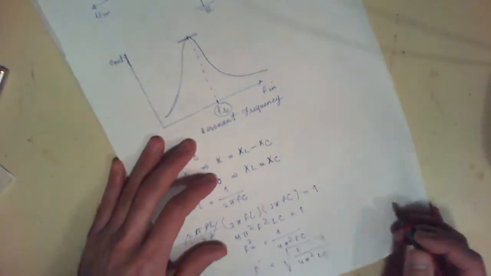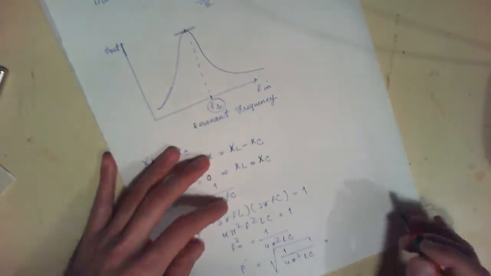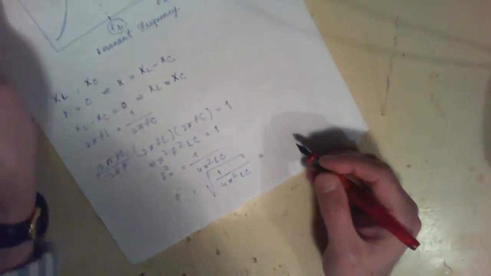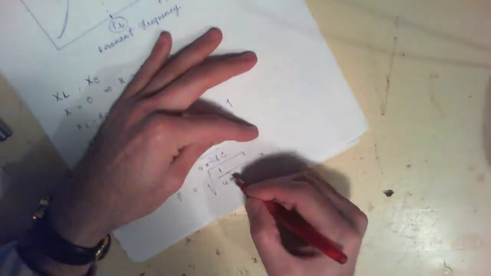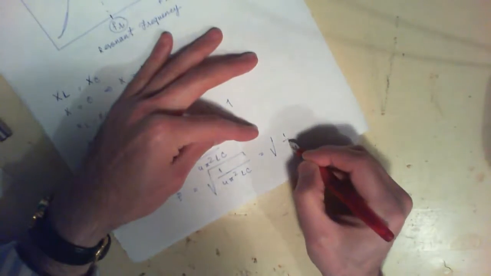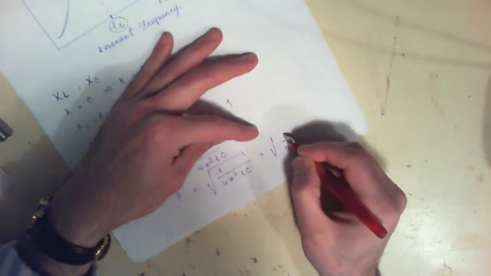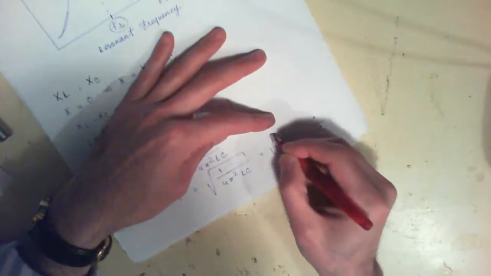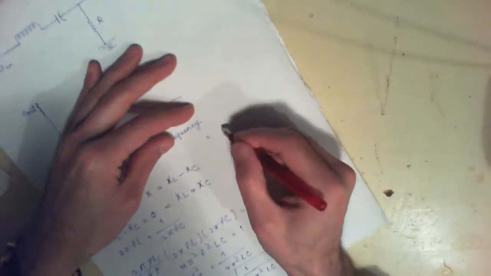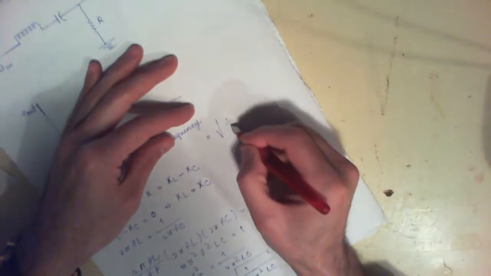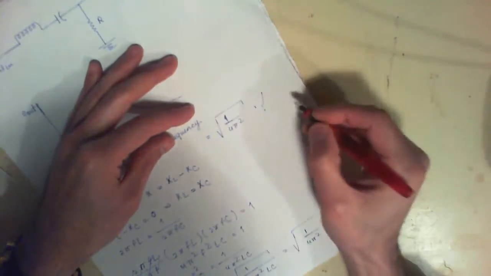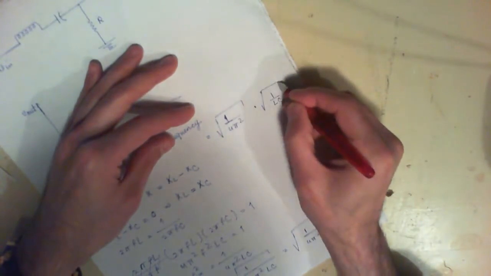And then you can take this part out, so you can write this as the square root of 1 over 4 pi squared, times 1 over LC, and then you can write this as the square root of 1 over 4 pi squared times the square root of 1 over LC.